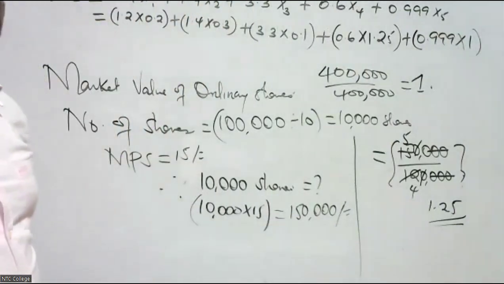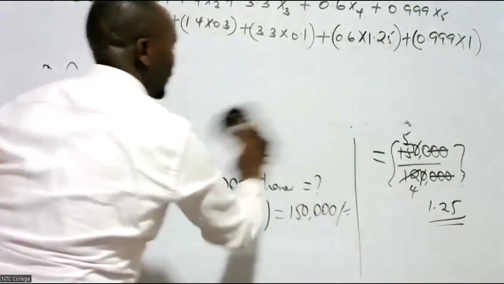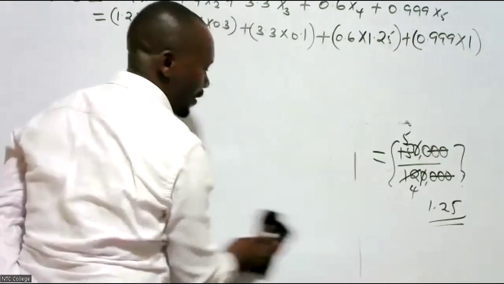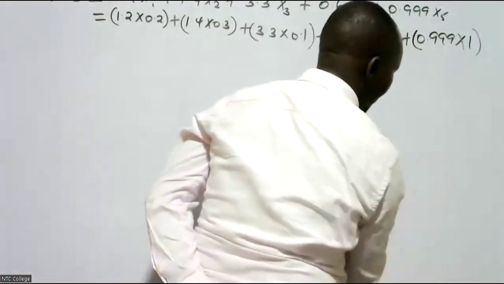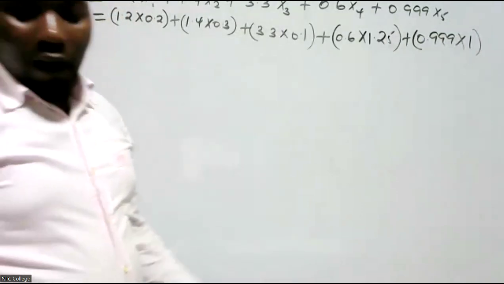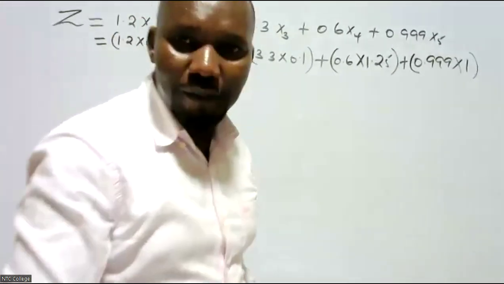Could you kindly take your calculator and confirm for me the figures so that we tell the examiner that we are the professionals, we are the pros. Can we prove to the examiner that these things are very simple, they are very easy?